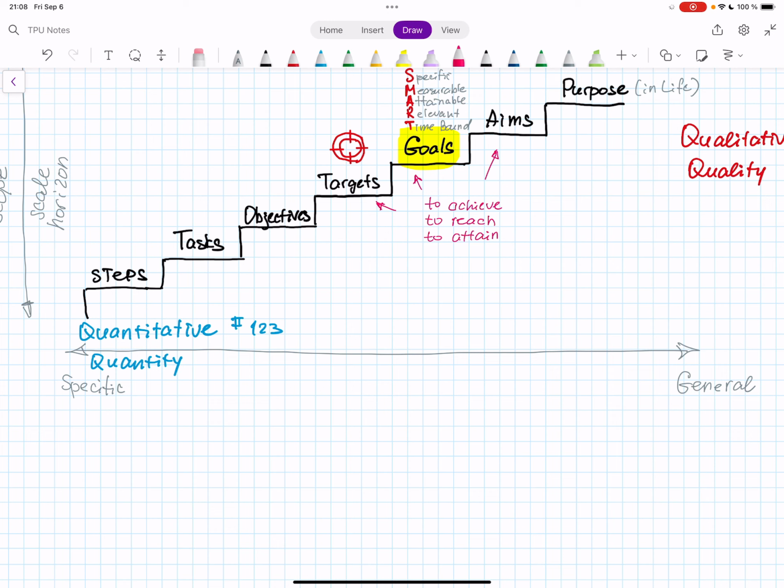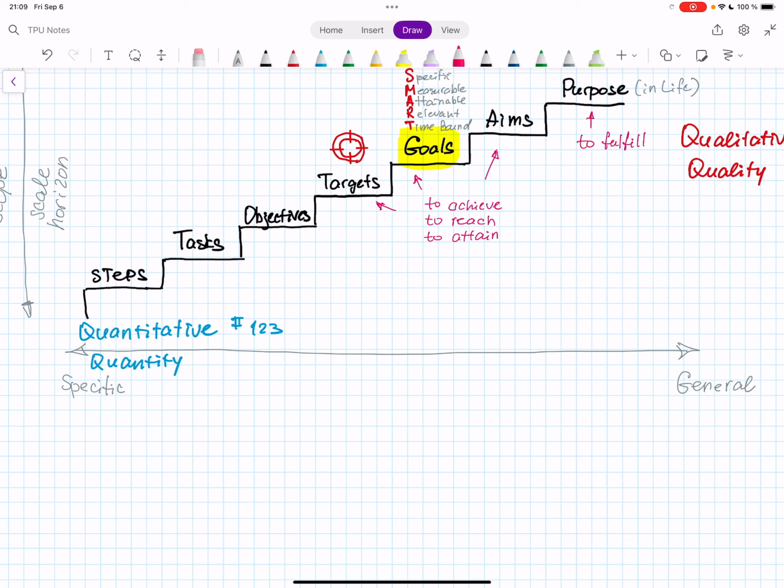So these are the verbs that work well with targets, goals, and aims. If you talk about purpose, the best verb that you can use is to fulfill. To fulfill your purpose. Okay?